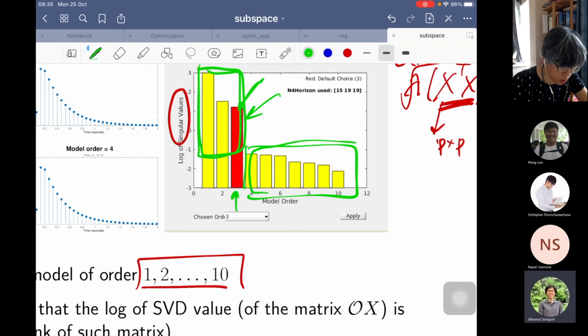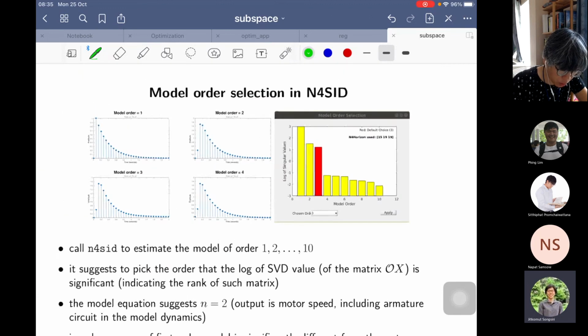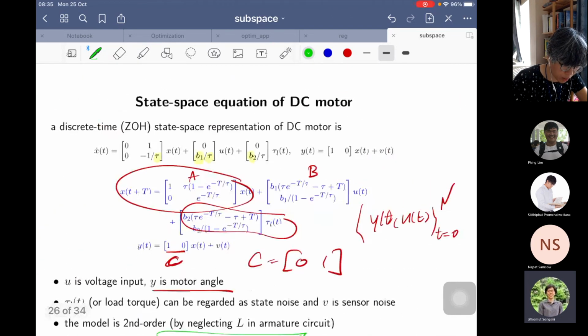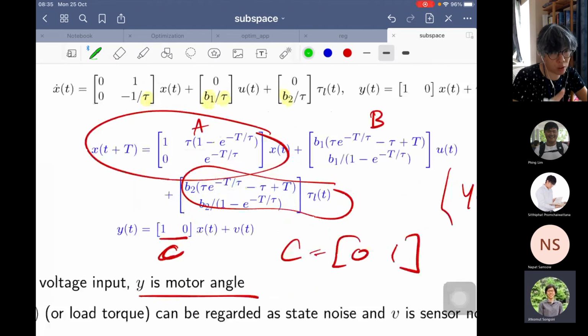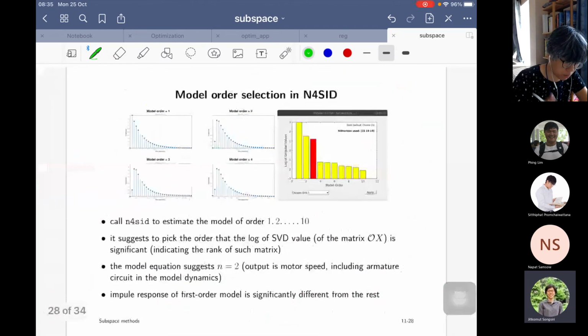So this is the one suggested by the GUI, even though when you derive the dynamical equation from physics and circuits, you know that it's a second order. But of course, the algorithm suggests from the data-driven approach.